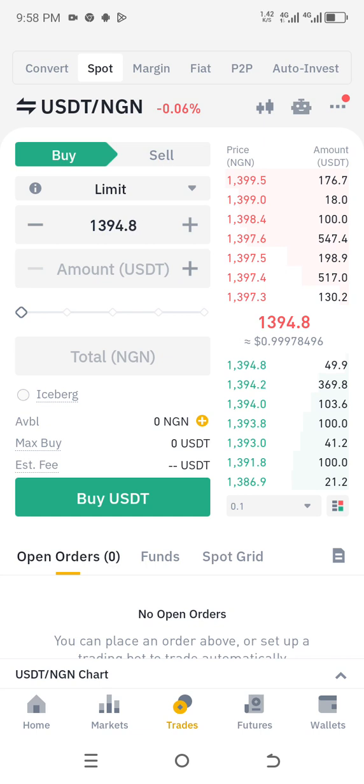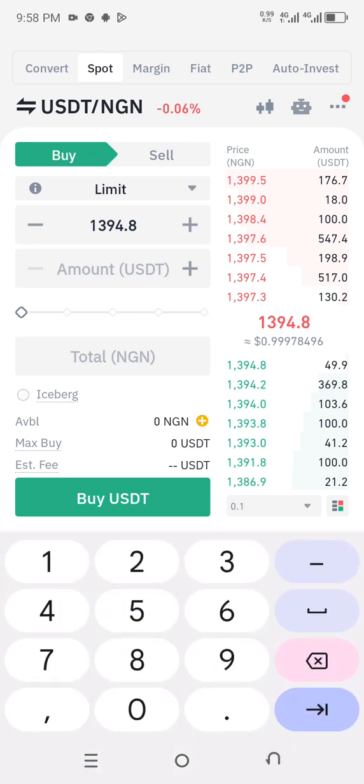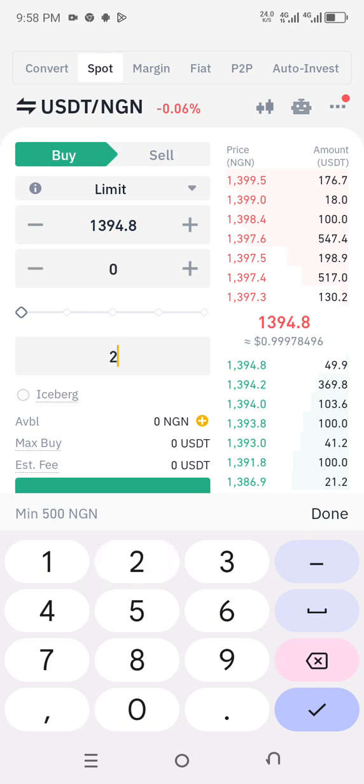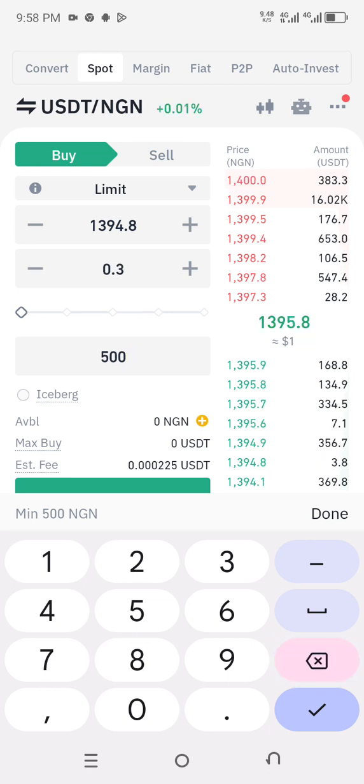Let's assume we are going to use, let's say, 500k. So using 500,000 naira to purchase this USDT, we will be given 358.4.